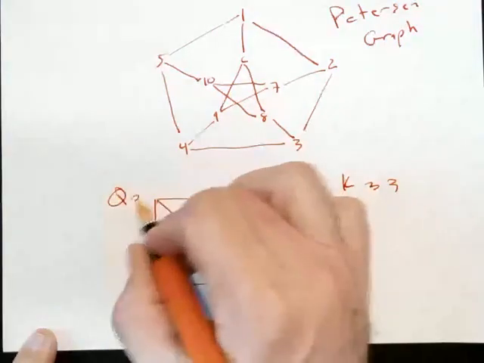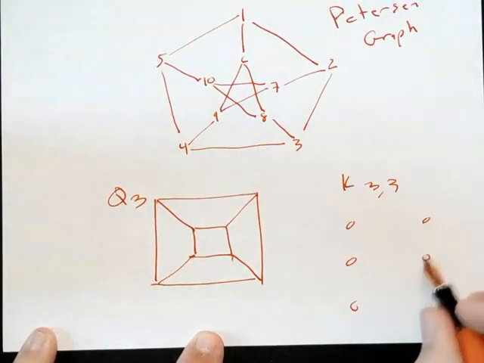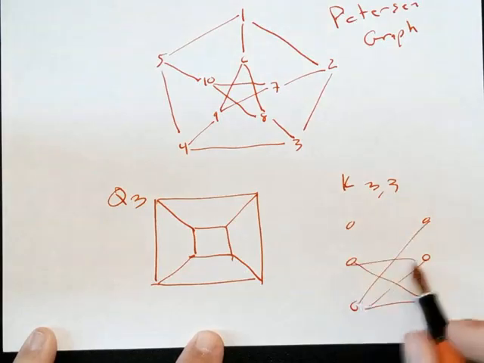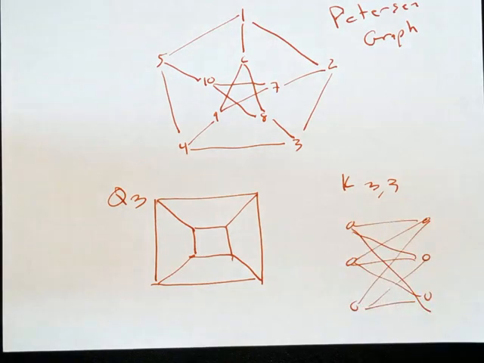Okay, this is Q3. Is 3 regular. K4 on 4 vertices because it has degree n minus 1.